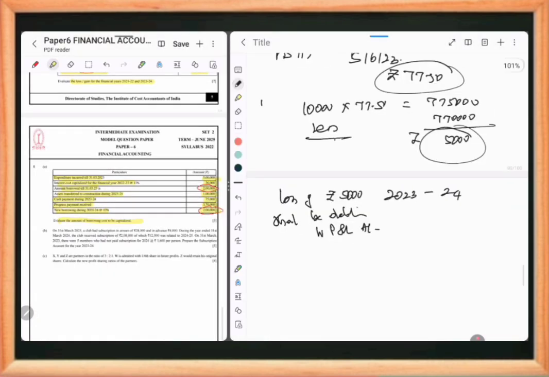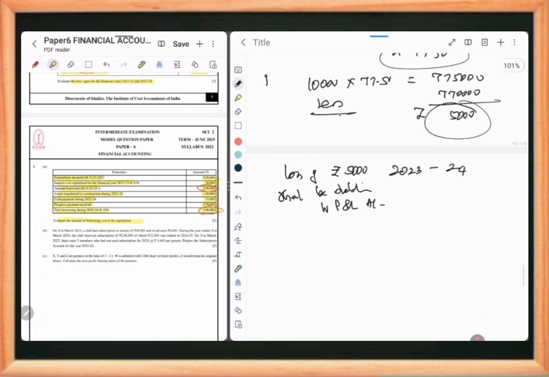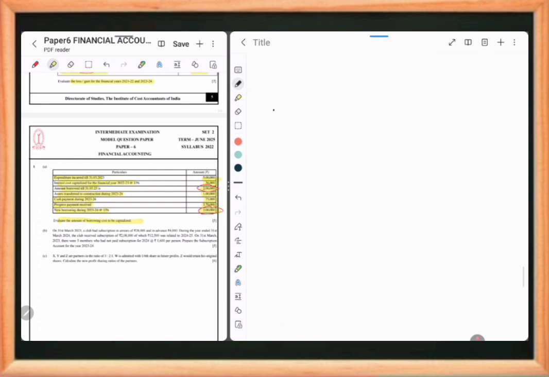So total borrowings till 31/3/2023 are 2 lakhs. New borrowings are 2 lakhs.